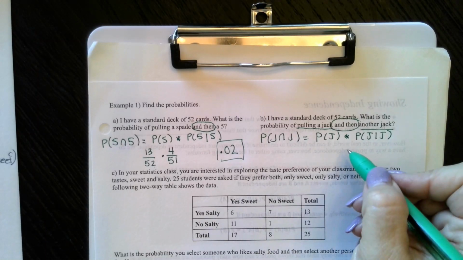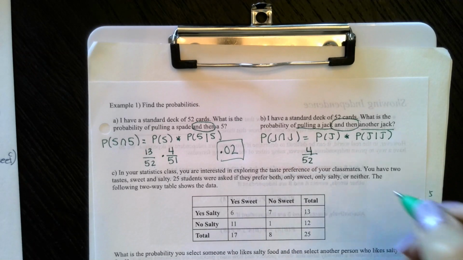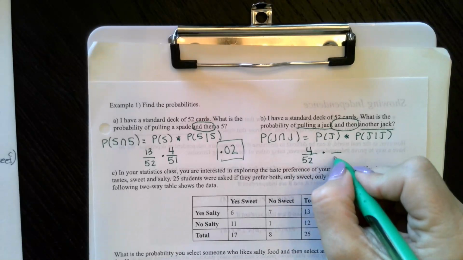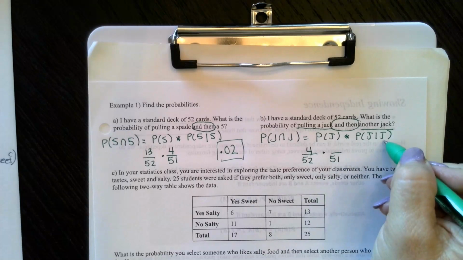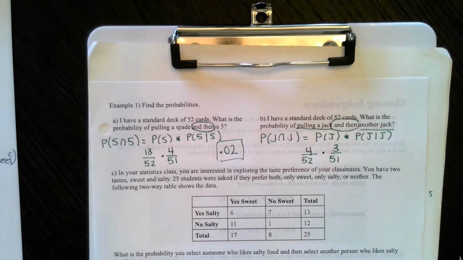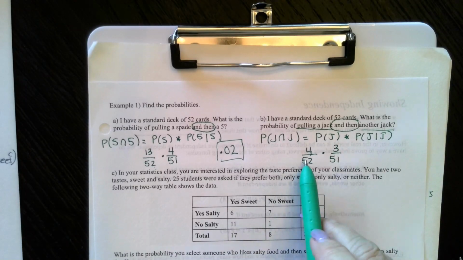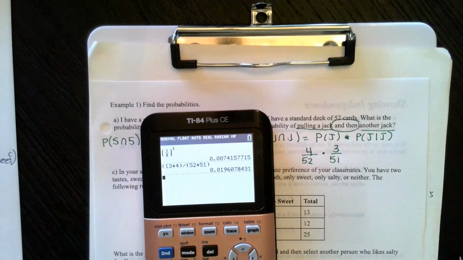So I know that there are 4 jacks in the deck of 52 cards. So now my sample space is 51 cards, but I already pulled a jack. So now my sample space only has 3 jacks left. So I started with 4, pulled one out, and then I pulled another one.